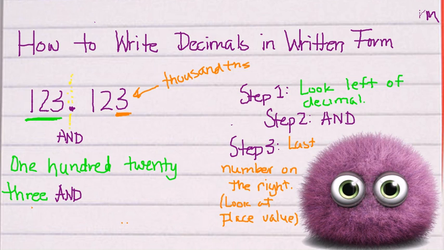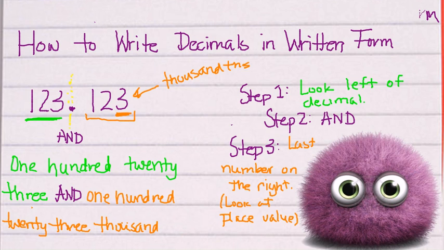So I again read the number on the right, which just happens to be the same number, 123, and it was in the thousands, so I write the word thousandths. It's really as simple as that. So how you read that whole decimal number is 123 and 123 thousandths. Let's try one last one.